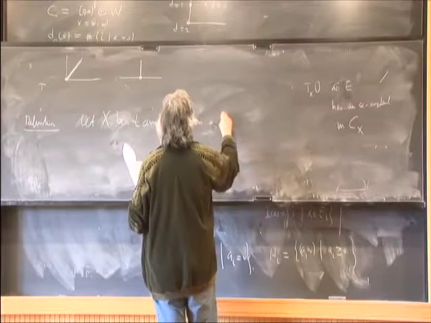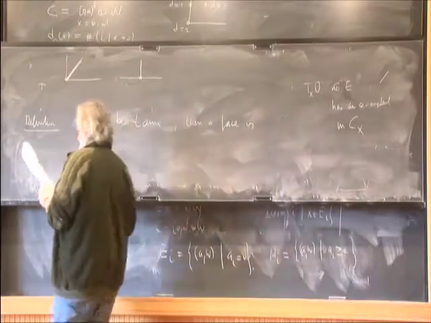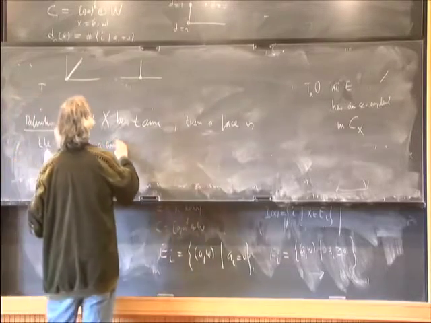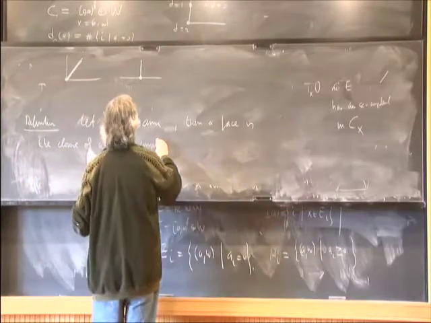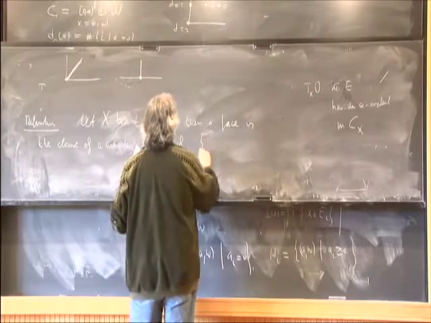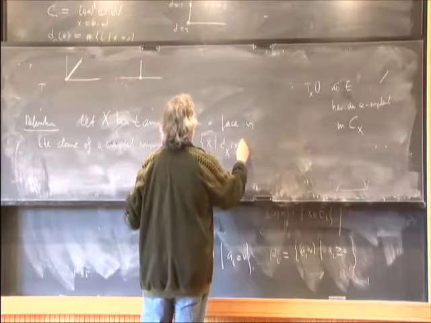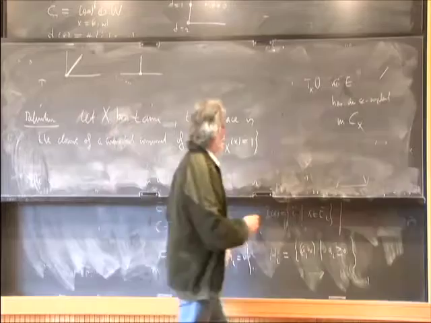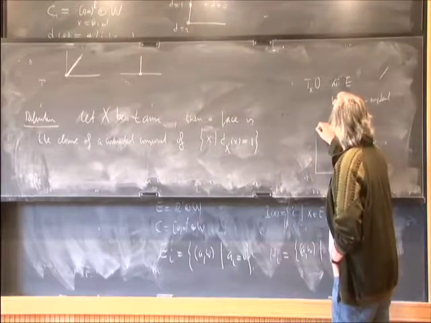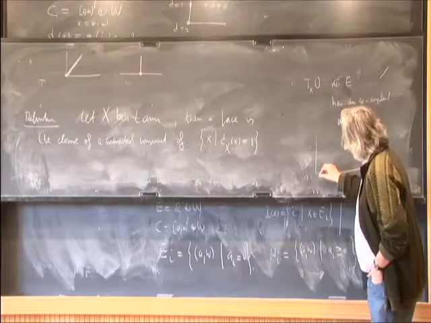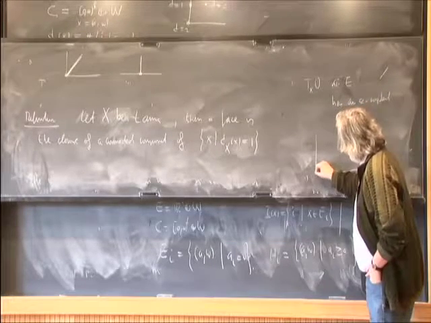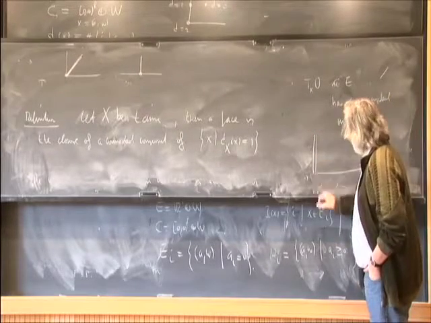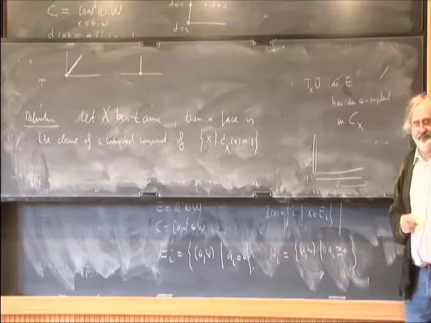Then a face is the closure of a connected component of the set of all x with d_X(x) equal to 1. In this example, if I take all points with d(x) equal to 1, I have to remove this point. So this is a component here, and this is a component. If I then take the closure, that would be a face, and that would be a face.